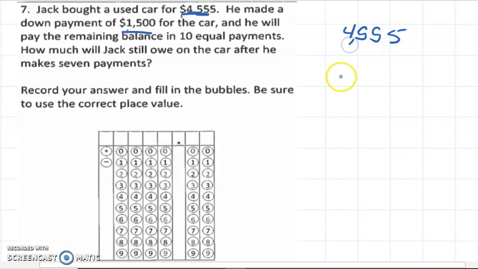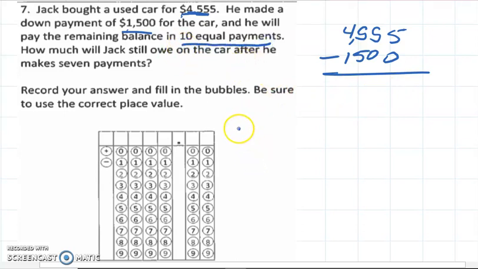Well, he had to leave a down payment. When you leave a down payment, that means you're giving money to the person. So you've got to subtract it. You owe the difference between the down payment and what the car costs. Once you get that answer, whatever's left, you're going to pay it off in 10 equal payments.